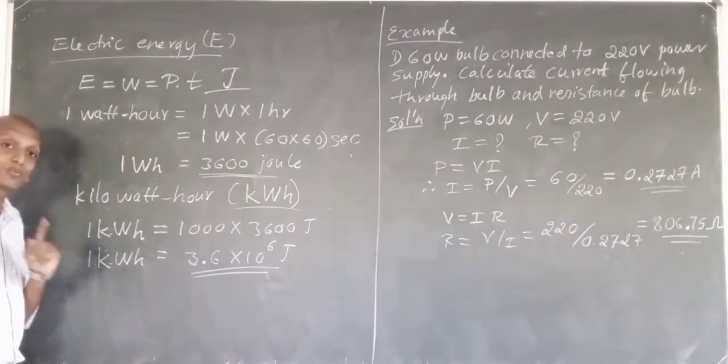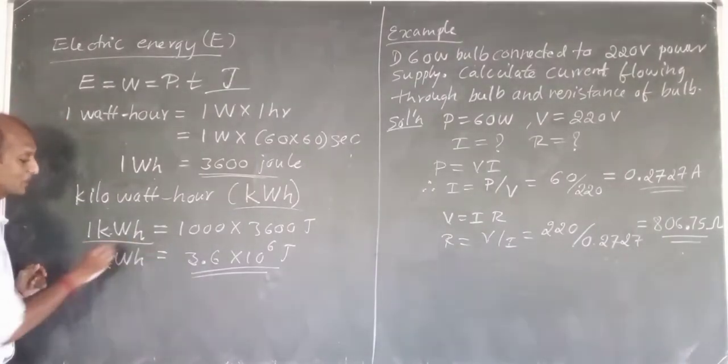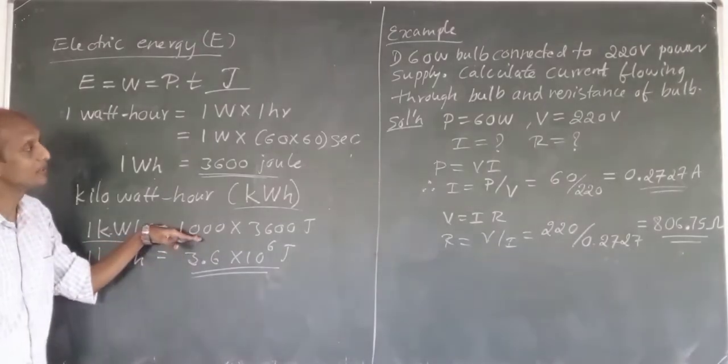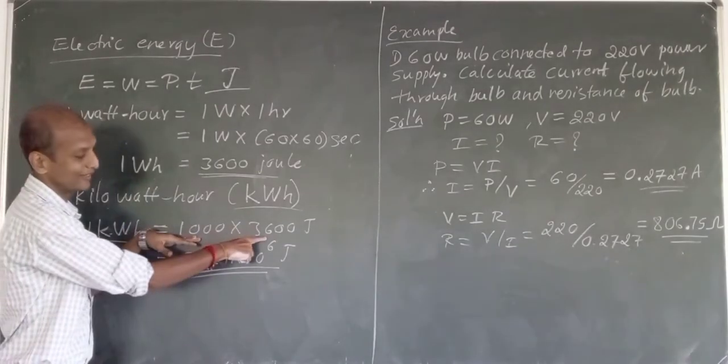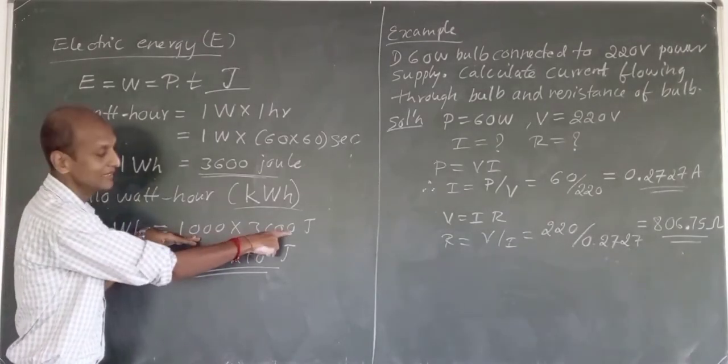So 1 kilowatt hour is equal to 1000 into 1 watt hour. 1 watt hour is 3600 joules.